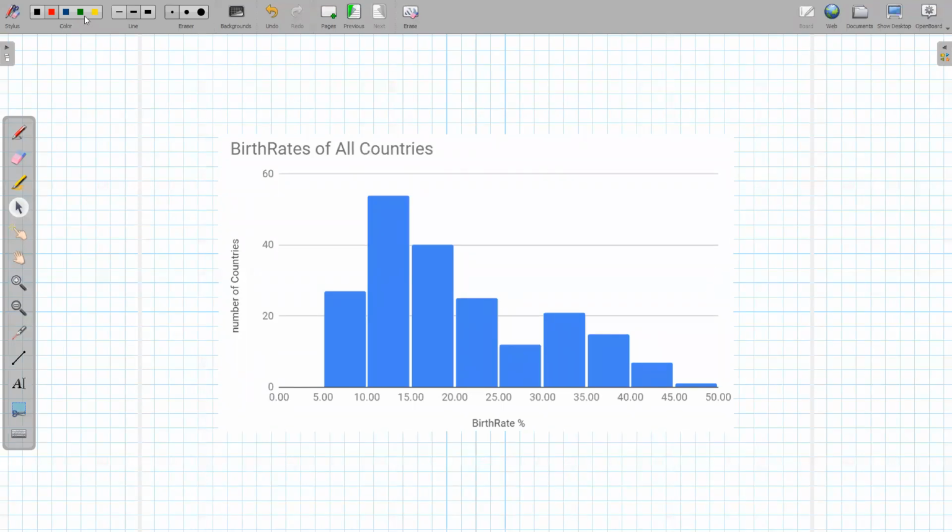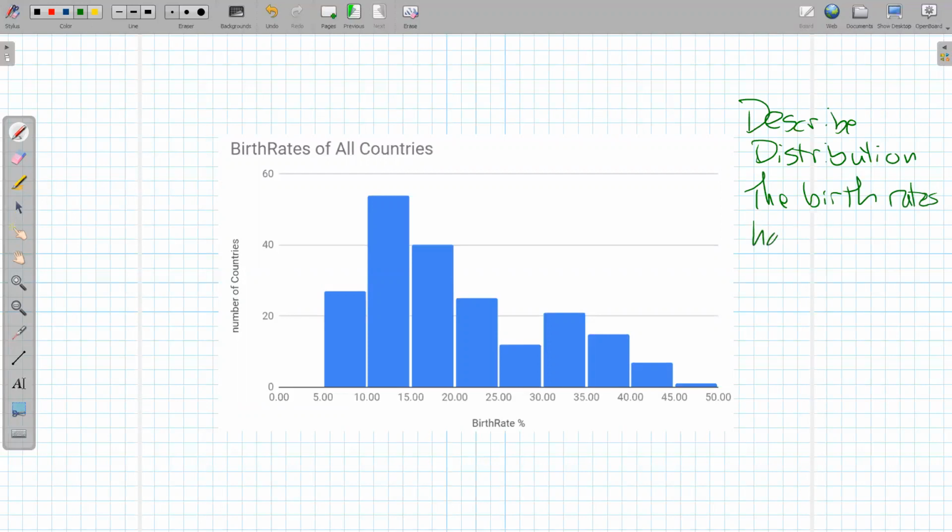So in describing this distribution, distribution just means a graph of the data, generally a histogram. This appears to be skewed right. So the birth rates have a right skew. Why a right skew? Because that's where the tail is, right?